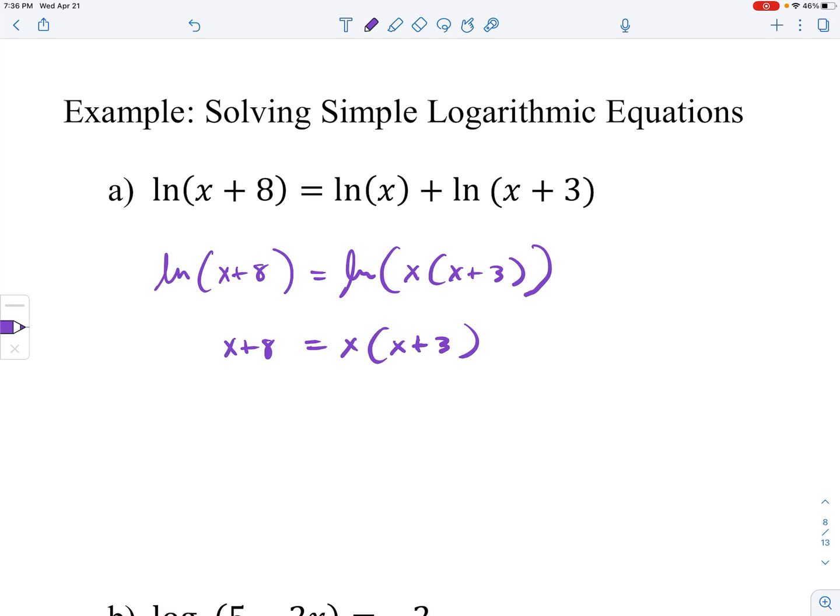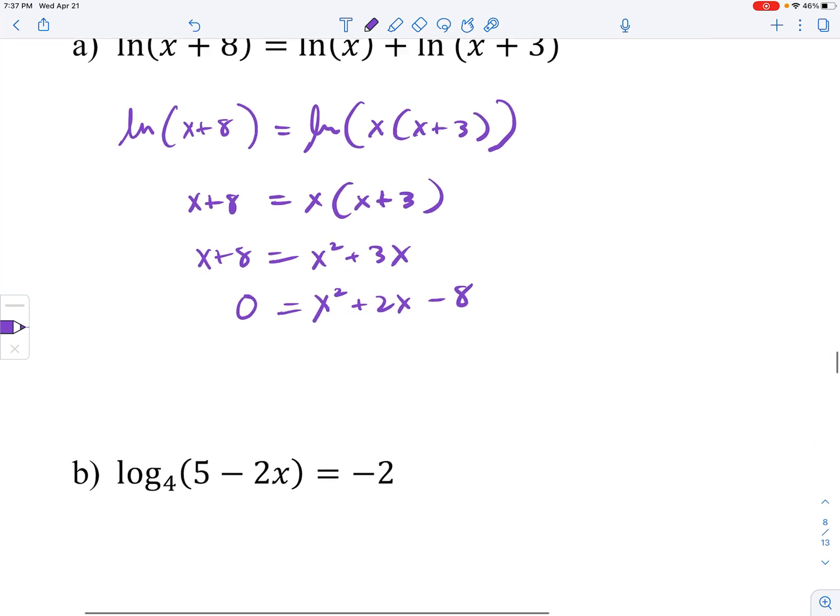Okay, so this ends up being a quadratic. We can think about distributing that x in. So we'd have x plus 8 equals x squared plus 3x. And we want to get 0 on one side of the equation. Now that's a quadratic that factors nicely to x plus 4 times x minus 2.